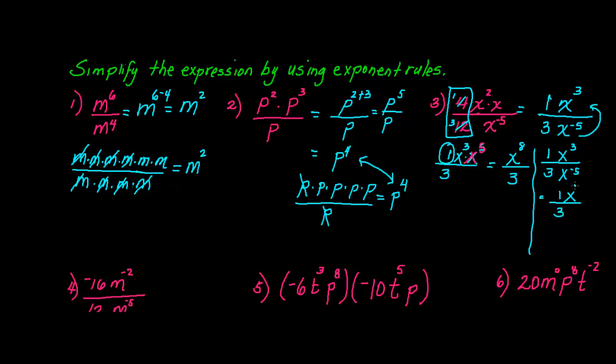And remember that minus negative is plus. So you end up with 3 plus 5. So this becomes x to the 8th power over 3. You get the same exact answer, just different procedure. So you choose which of these procedures you like best.